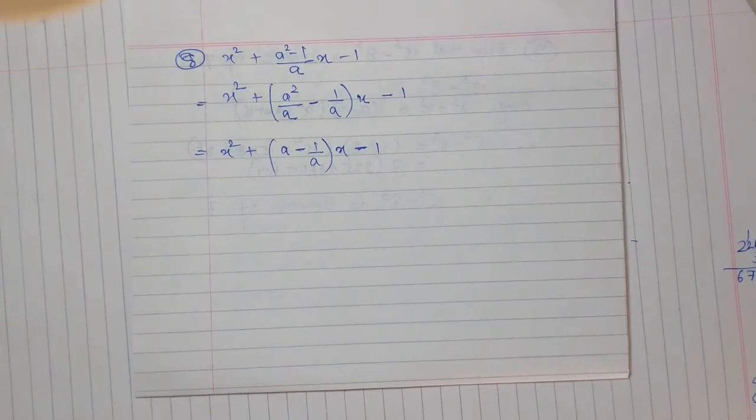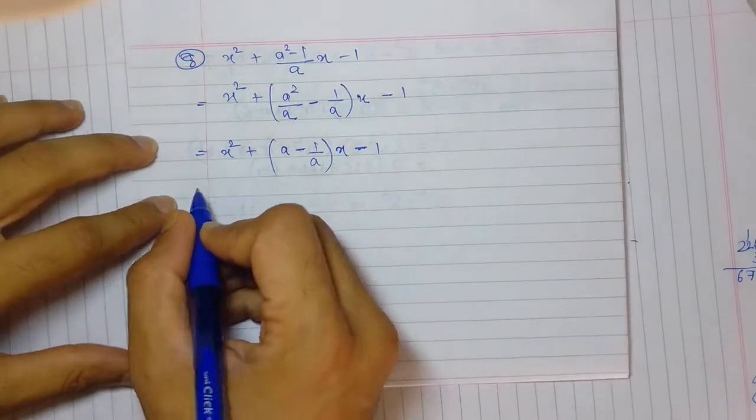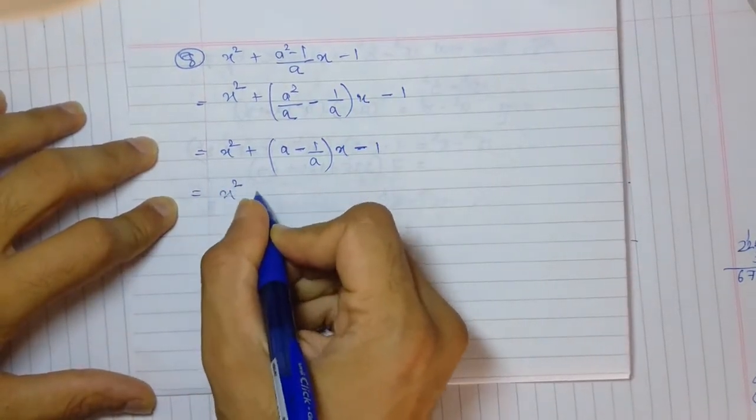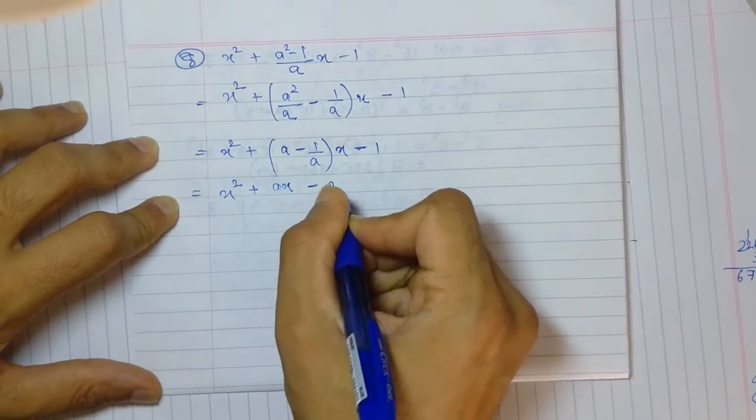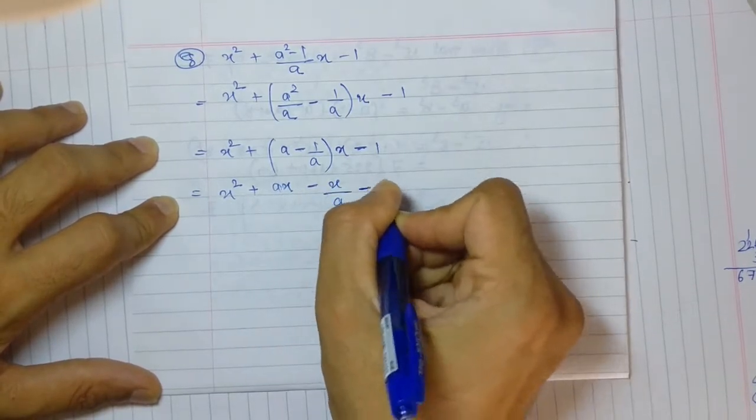Now what I'll do is I'll multiply this x inside. So x square plus ax minus x by a minus 1.